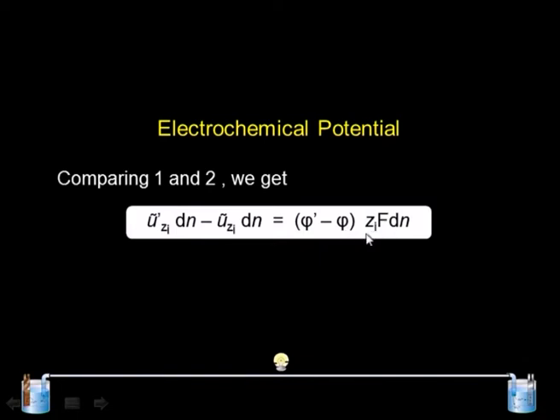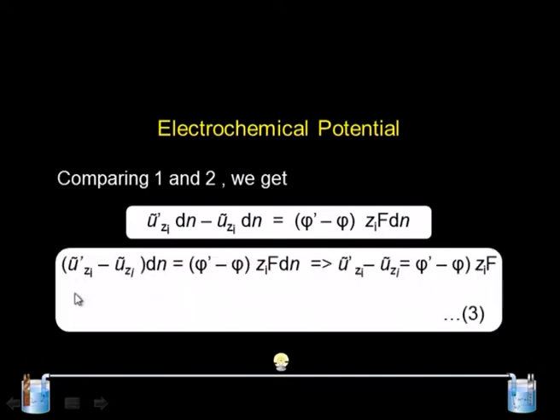Then we get another equation: mu bar zi minus mu zi multiplied by dn will be equal to psi dash minus psi Zi F dn, which gives mu bar zi minus mu zi is equal to psi dash minus psi multiplied by Zi F. Let us call this equation 3.